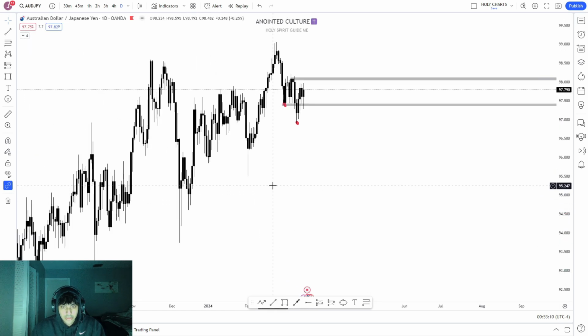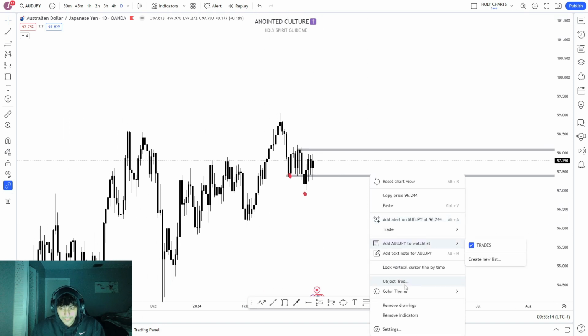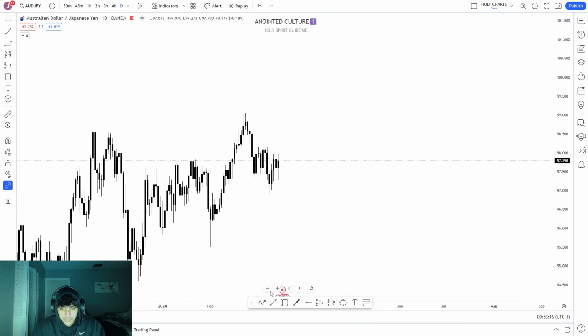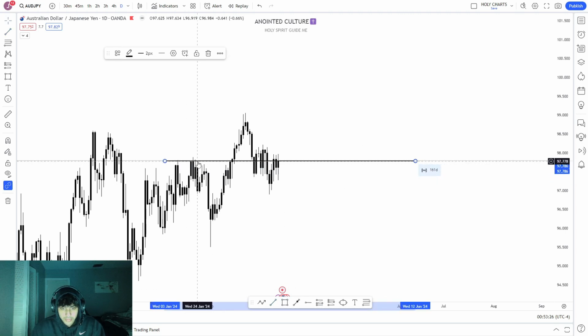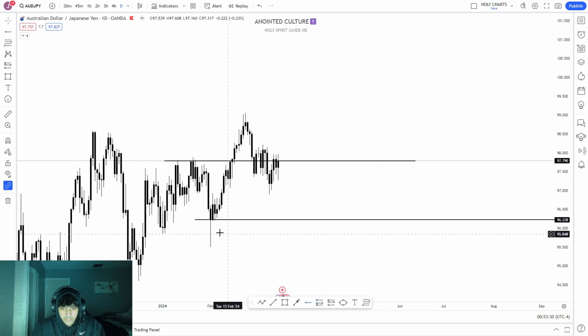So if we look at AUDJPY on the daily, we clearly see that everybody on the 4 hours is getting faked out. It's just correcting. It made a new high, so it's correcting. So price, all it does, this is the high it previously made, and then it corrected to this low.